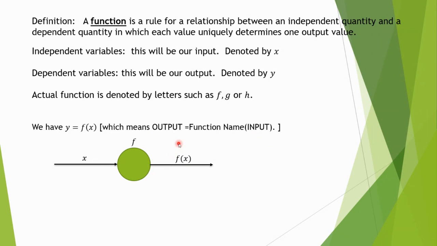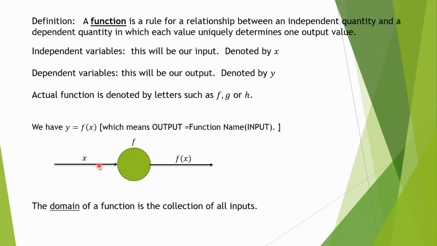Now, there is a lot of vocabulary associated with functions, and this is just one of them. I don't remember if the book formally defines this, but the collection of all your possible inputs, in other words, the collection of all your possible values for x, that's what we call the domain of the function.